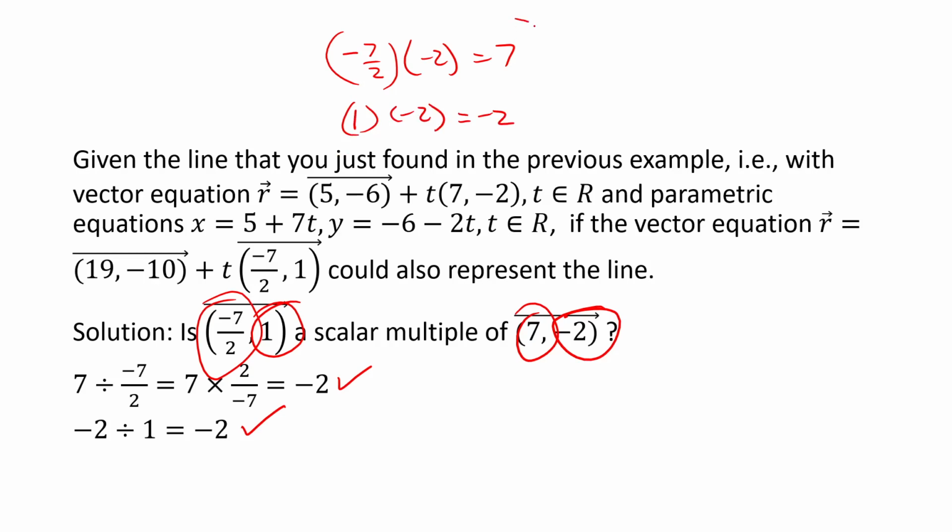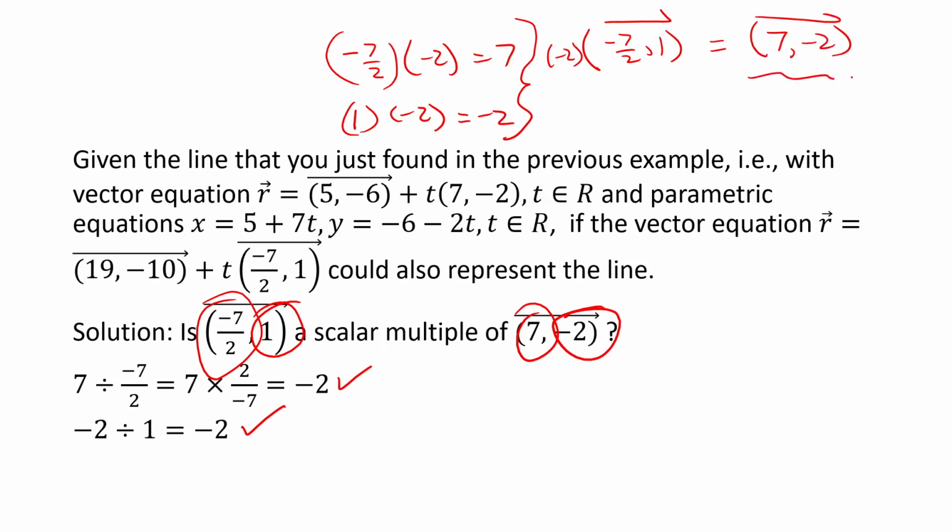So if you take both of these statements up at the top and put them together, what we're saying is if you take the vector -7/2, 1, and multiply it by that -2, you're going to get the vector 7, -2.